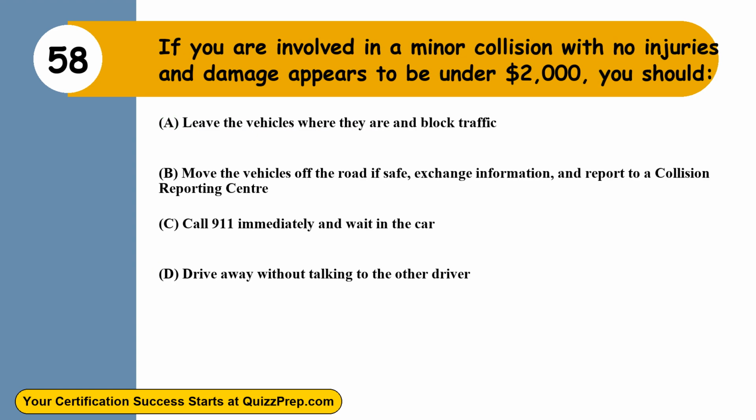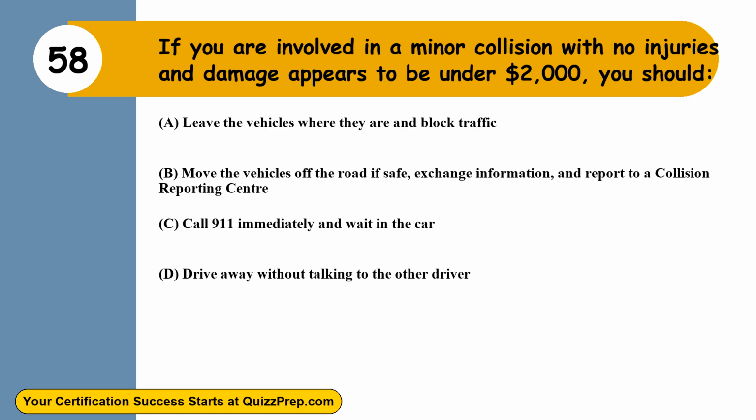Question 58. If you are involved in a minor collision with no injuries and damage appears to be under 2,000, you should: Option A. Leave the vehicles where they are and block traffic. Option B. Move the vehicles off the road if safe, exchange information, and report to a collision reporting center. Option C. Call 911 immediately and wait in the car.